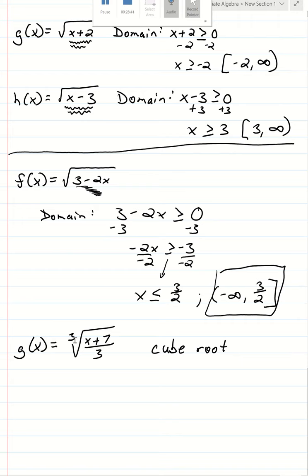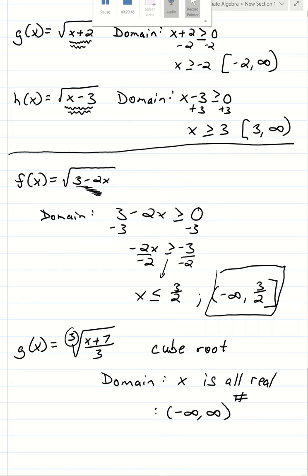But since this happens to be a cube root, as we can see by the root index, we don't have to think about this any further, because as we talked about, if you have an odd root index, the radicand can be both positive or negative, in which case, in terms of the domain, we're going to be able to say that x is all real numbers.